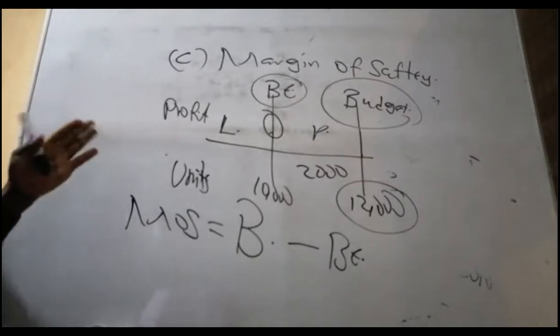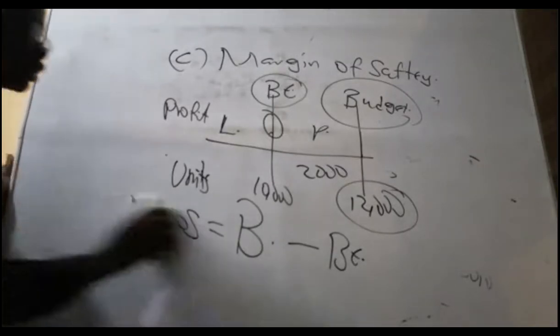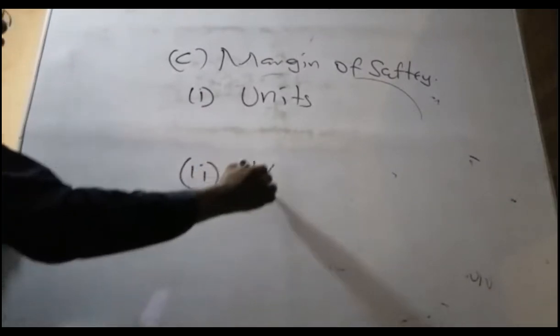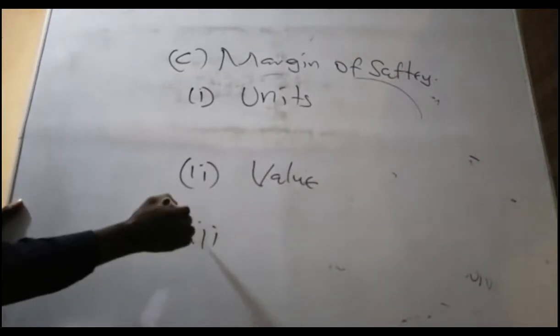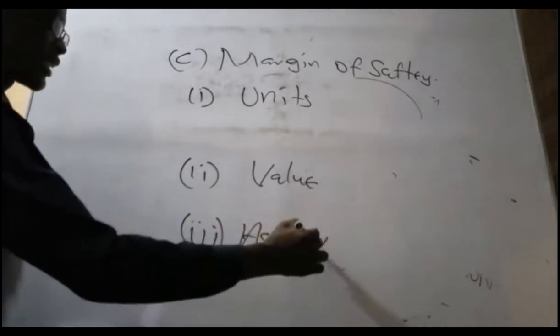We can express this in three folds, so I'll write them on the board. Still, we are in a summary of single product. We have margin of safety in terms of units, margin of safety in terms of value or sales value, and finally margin of safety as a percentage.